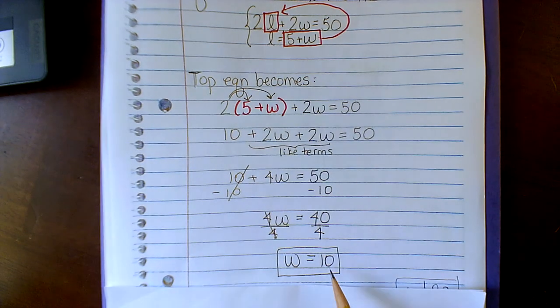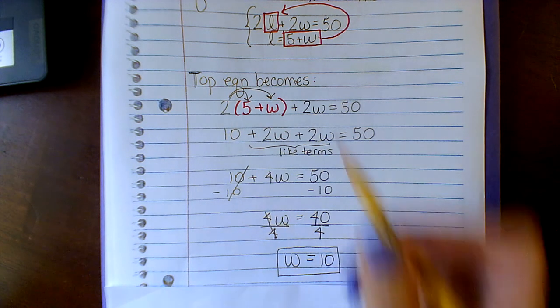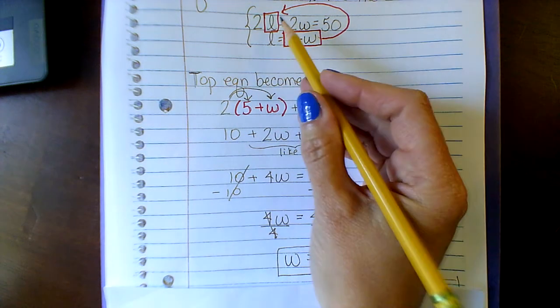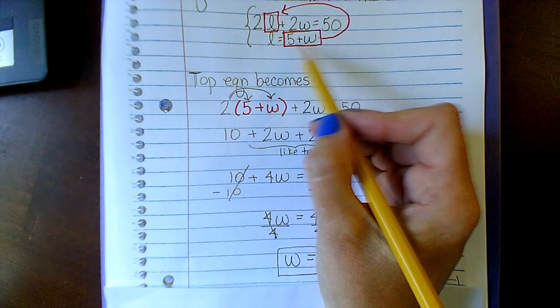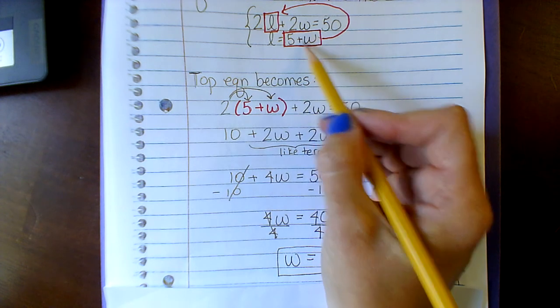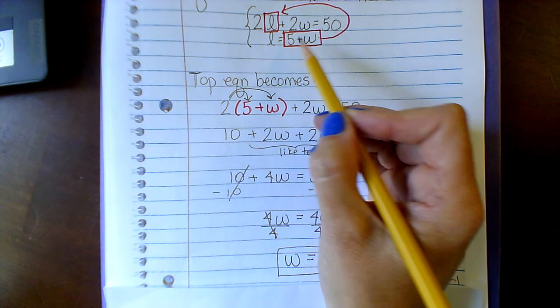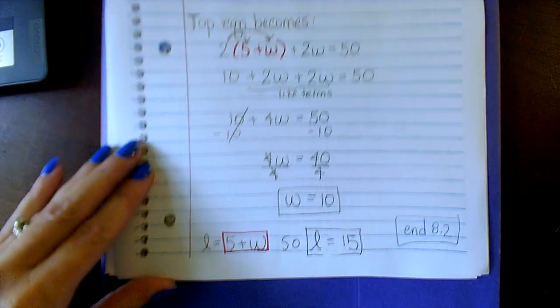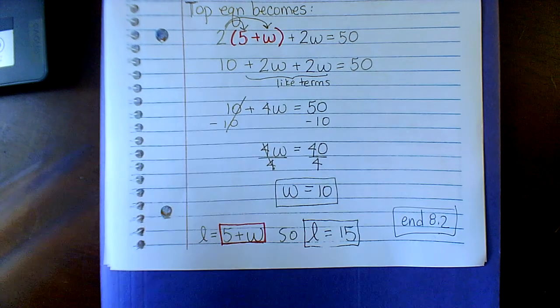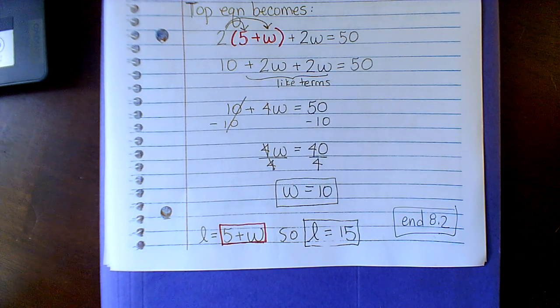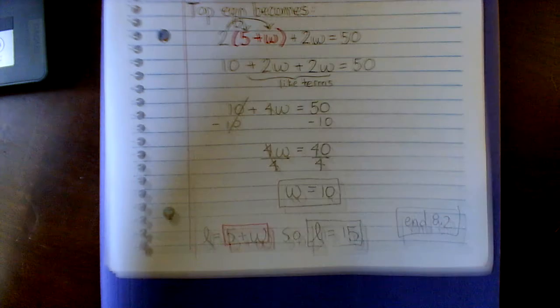All right, all you got to do now is take this 10 and go back up here to the thing that you substituted and put 10 right there for W. So the length is 5 plus 10, which is 15. So for this one it said find the dimensions.